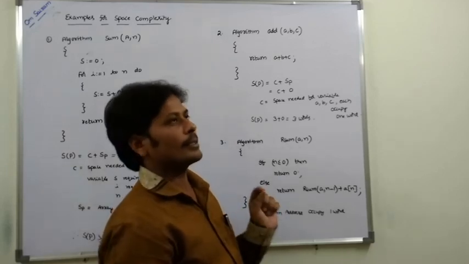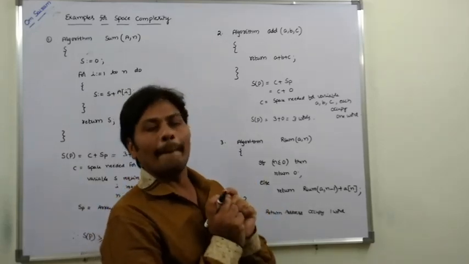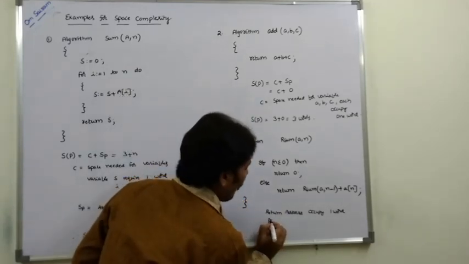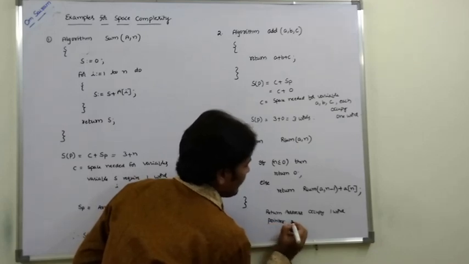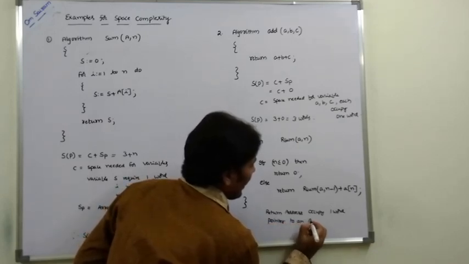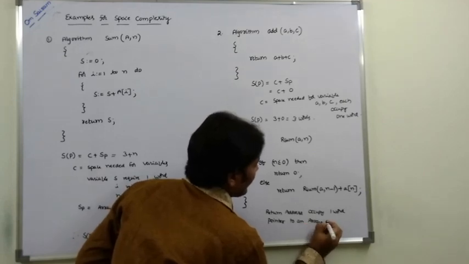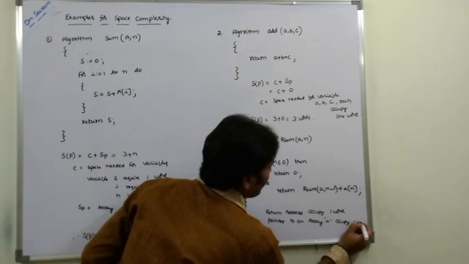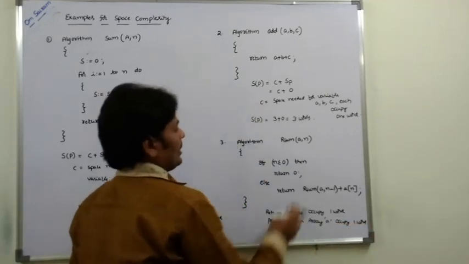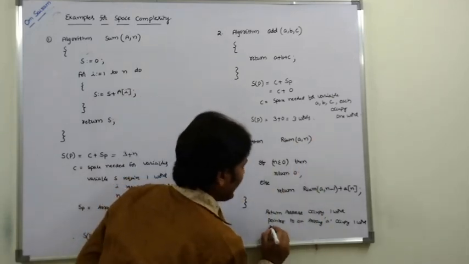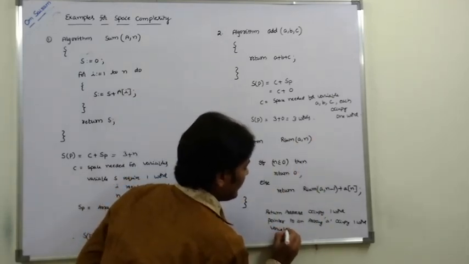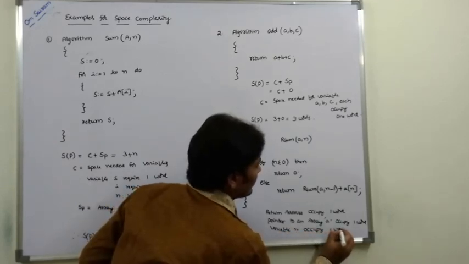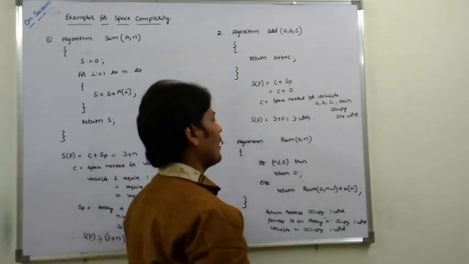This base address is pointed to by the pointer variable. So the pointer to an array A occupies one word. Next, variable n occupies one word. So there are total 3 words.